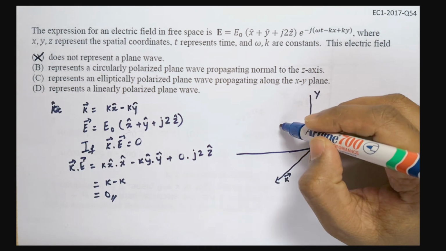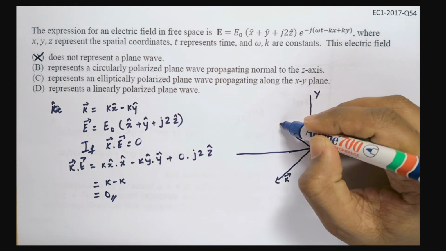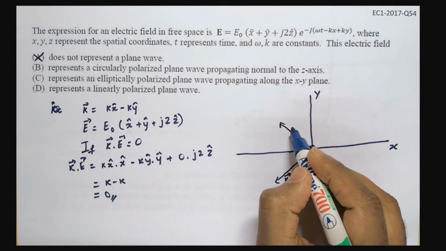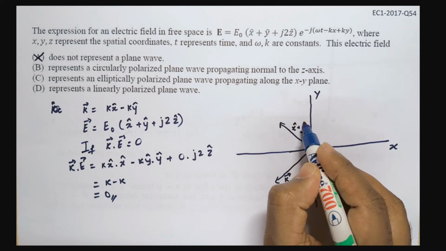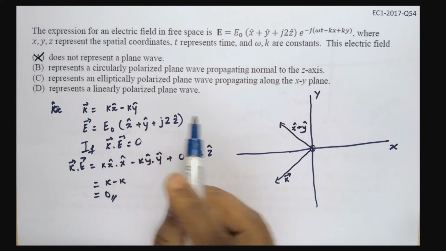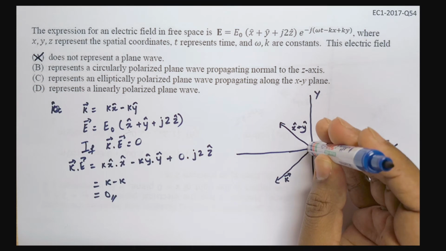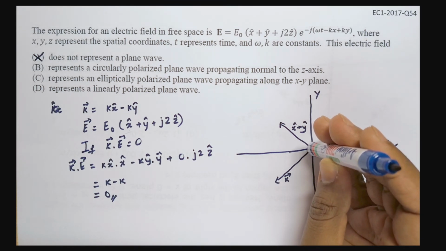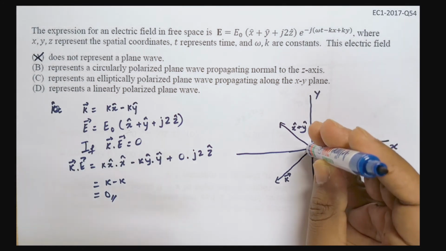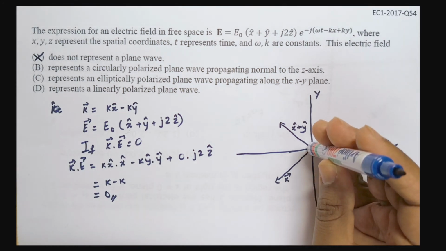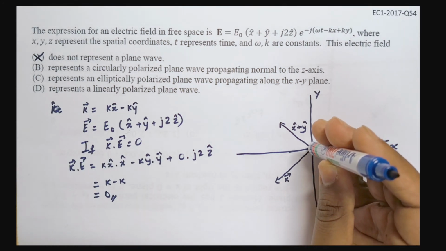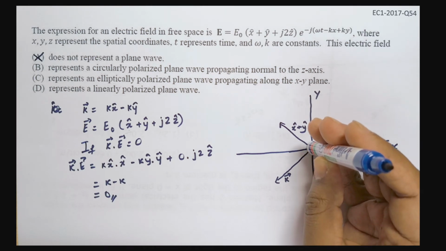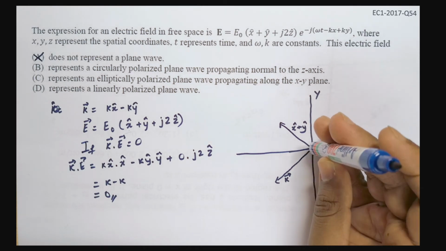So it is like this. The z component of this vector is out of this plane, which is consistent with the plane wave propagation, since the k vector is orthogonal to the electric field at all times.